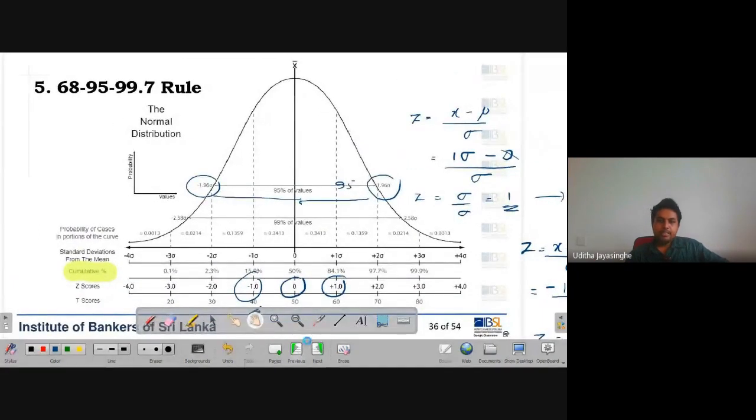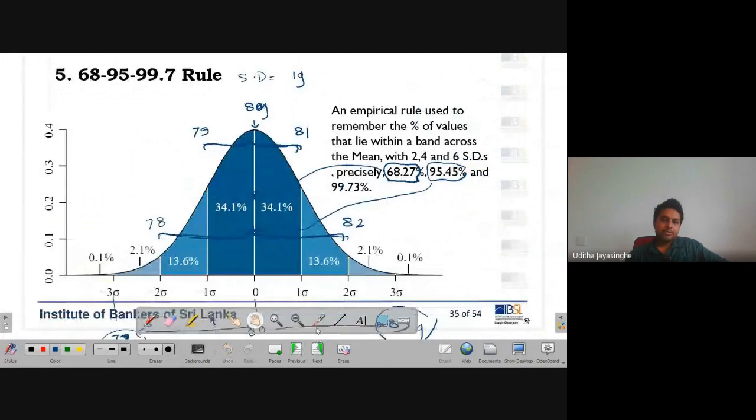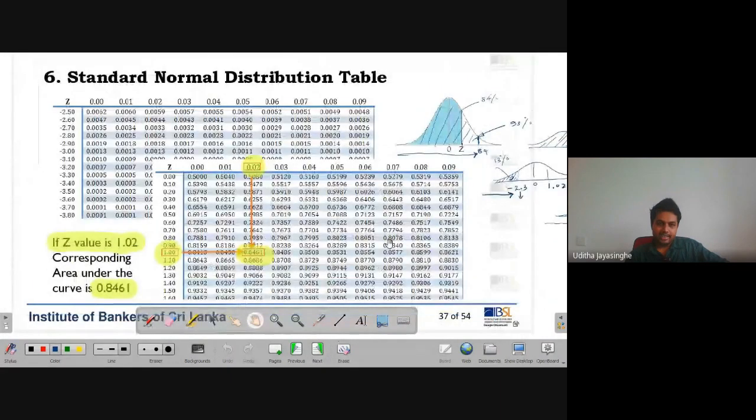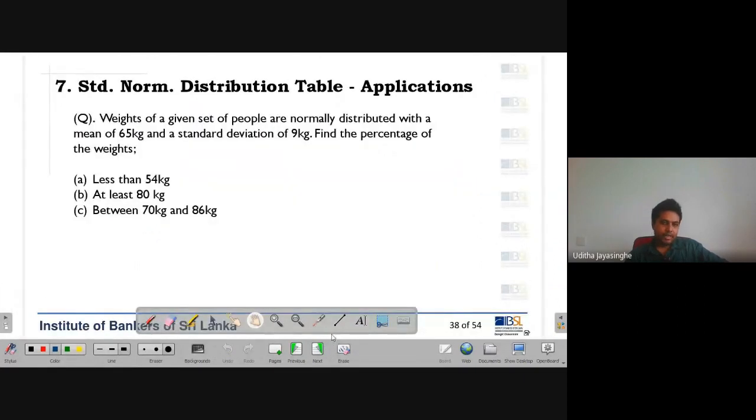So this empirical 68, 95, 99.7 rule is applied heavily in statistics. This is how you calculate the standard normal distribution values using a table. Quickly, we will look at a practical example so that your doubts and the application parts will be very clear to you.